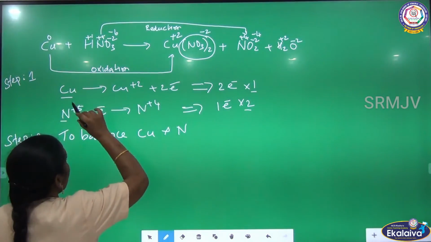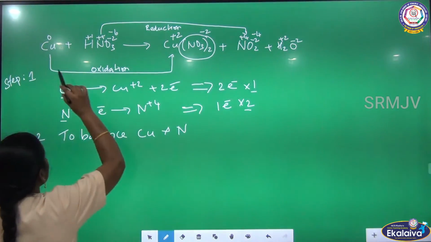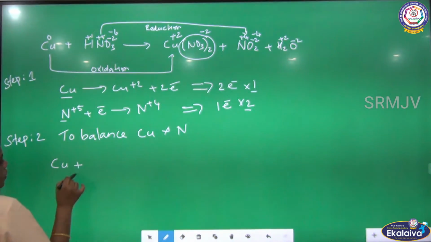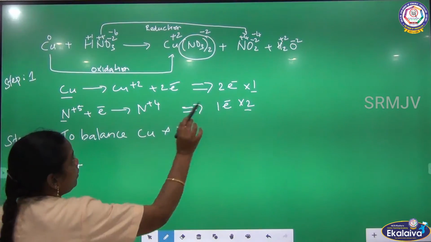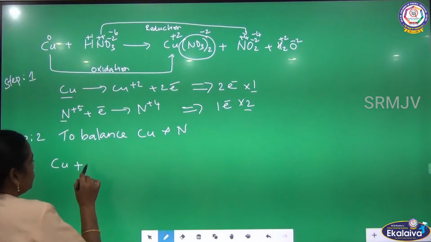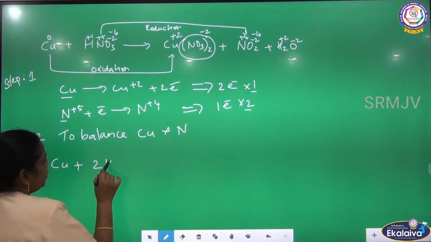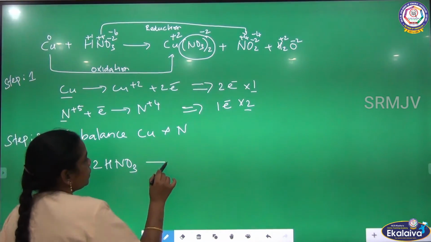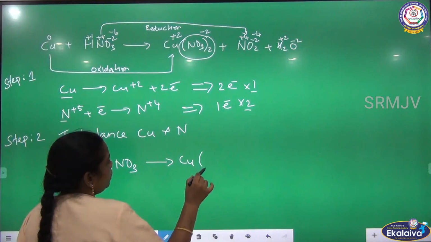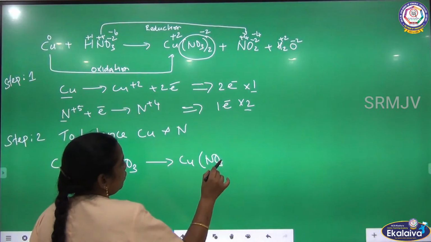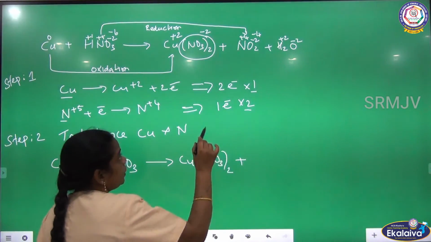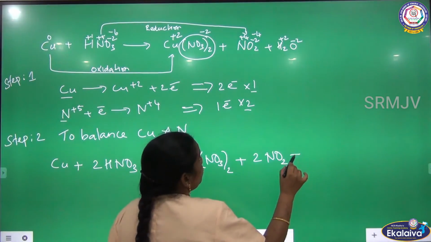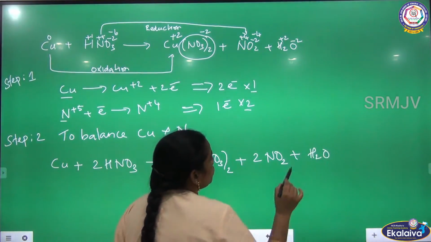Copper can be multiplied by 1, so Cu, there is no change, and nitrogen can be multiplied by 2. 2 HNO3 gives Cu(NO3)2 plus, multiplying nitrogen by 2, 2 NO2 plus H2O.